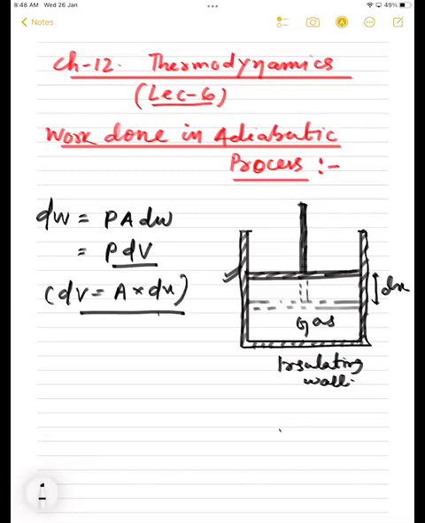Yes or no? Students, suppose the gas expands adiabatically, total heat is constant, right? Temperature is not constant, heat is constant, which means heat can neither be exchanged through the gas medium, right?